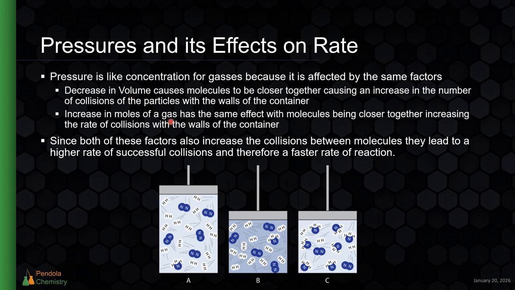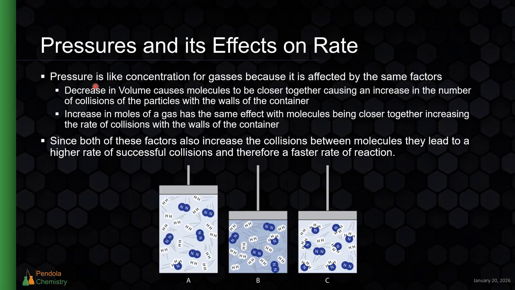That means that if you have a reaction with gases in it, pressure changes are going to have the same effect on rate as concentration changes because they're one and the same. Since both of these factors also increase the collisions between molecules, they're going to lead to higher rates of successful collisions and therefore a faster rate of reaction whenever we increase the pressure of a gas.